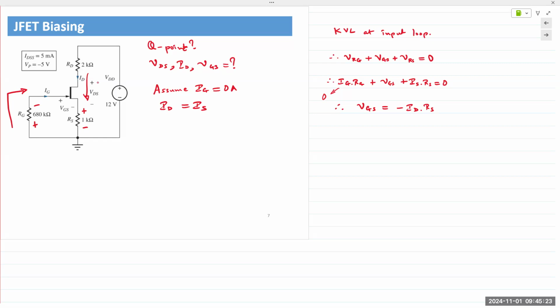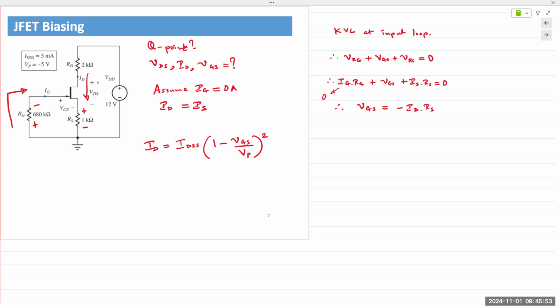But ID has an equation. ID has a standard expression like the diode equation, and we can use that equation to determine the value for ID. So ID can be given by IDSS times 1 minus VGS over VP, squared.